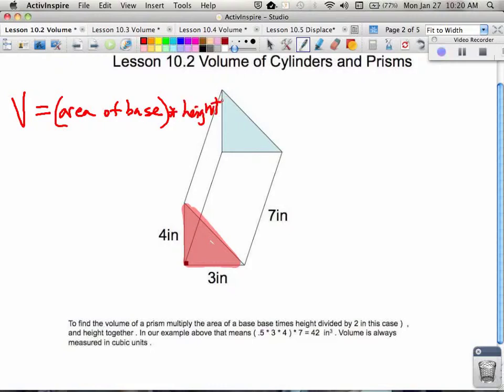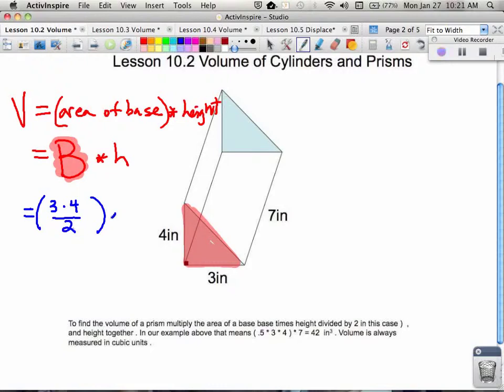One of the ways they like to abbreviate that in our books and notes is capital B for the area of the base, times H. That highlighted red area we saw before is what we write down as the area of the base. So in this example, the area of my base, capital B, is the area of the triangle, which is the base of the triangle times the height of the triangle divided by 2. 3 times 4 divided by 2 is the area of the highlighted red triangle.